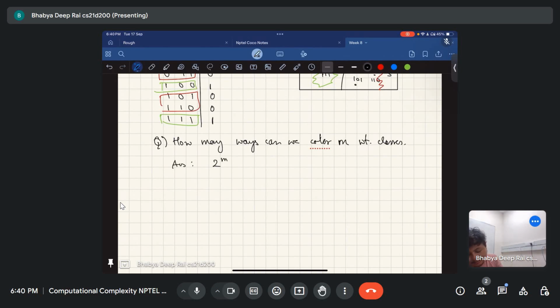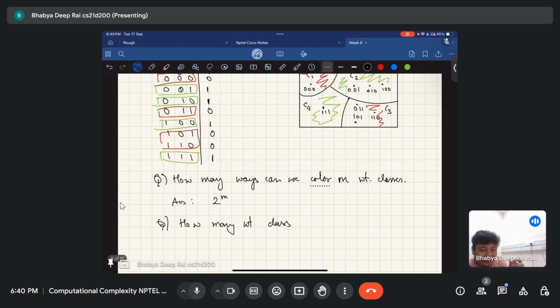Now what is m? How many weight classes? Well, the smallest weight class can be a weight of 0, and the largest weight can be n, so 0 to n, that is n plus 1.